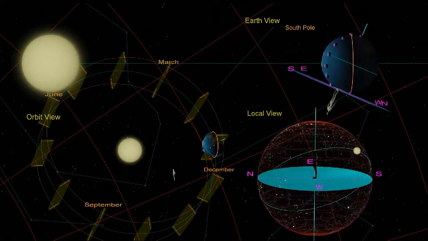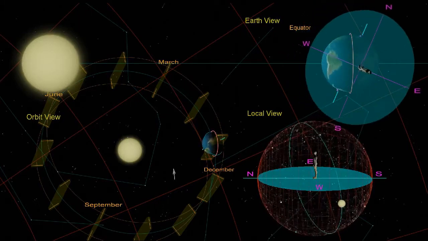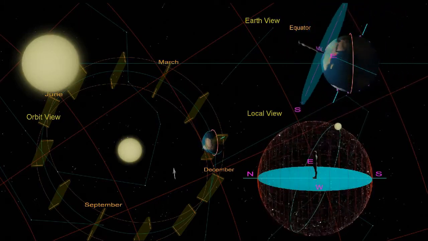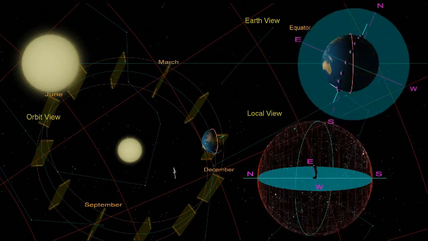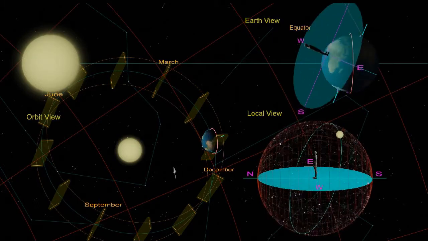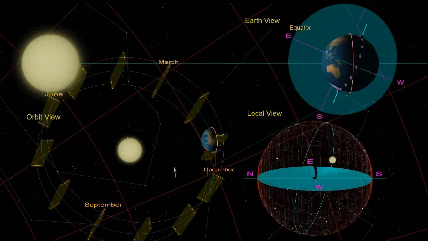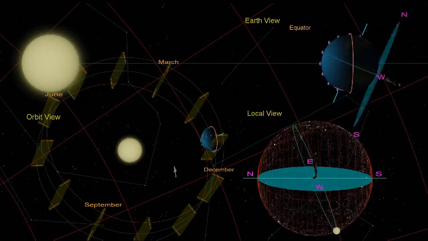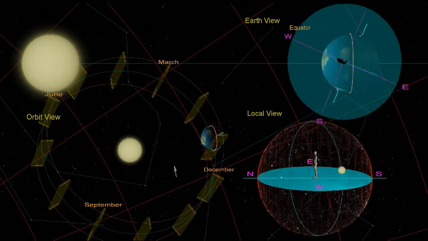Now let's have a look at a figure on the equator. For this figure, all the stars are rising towards the east and setting towards the west. All the stars rise and set. And it's only a figure on the equator that gets to see all the stars throughout the year.